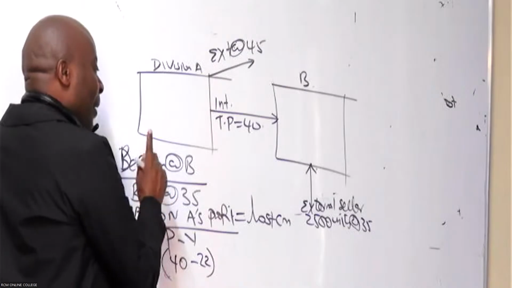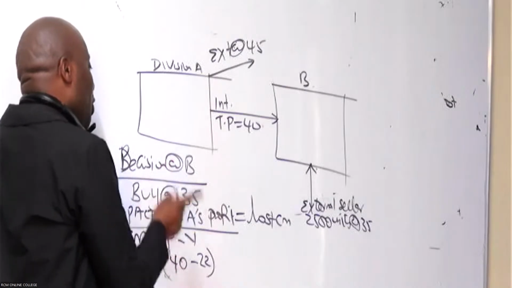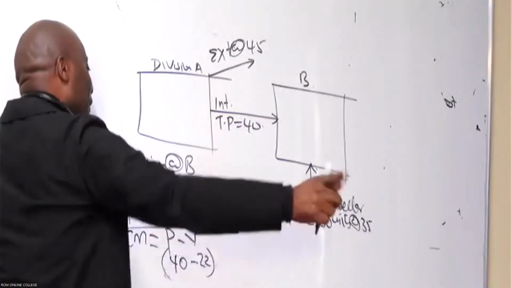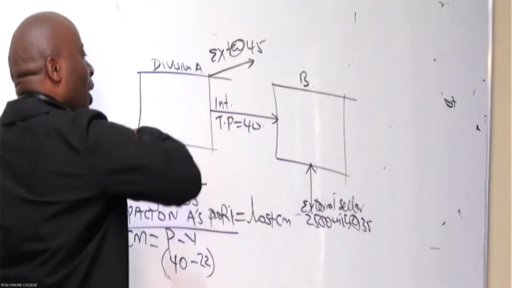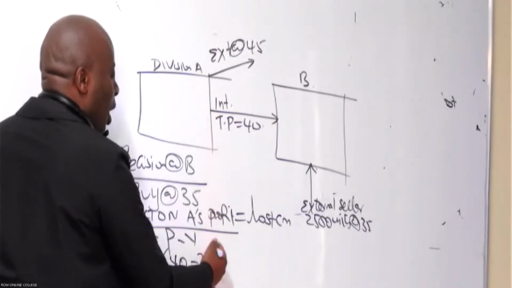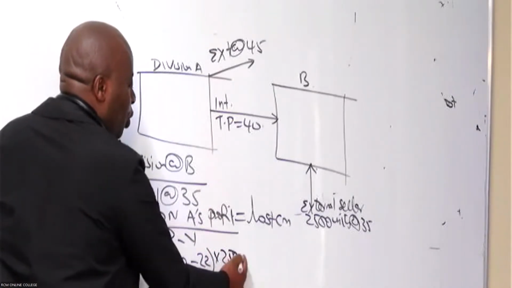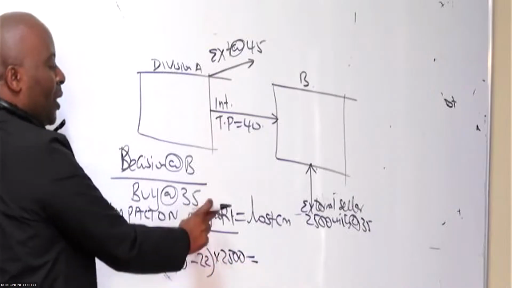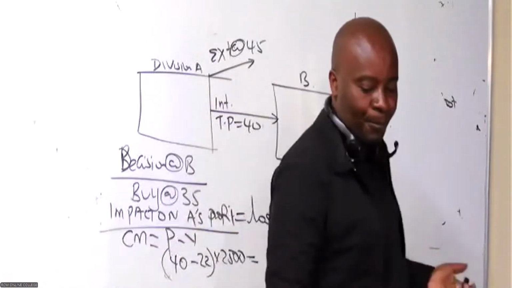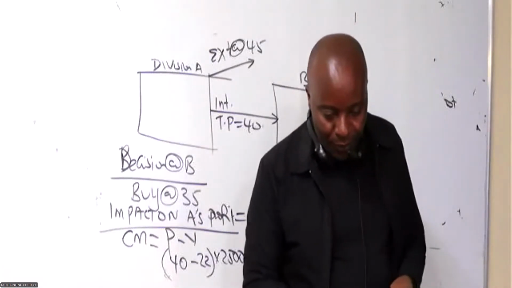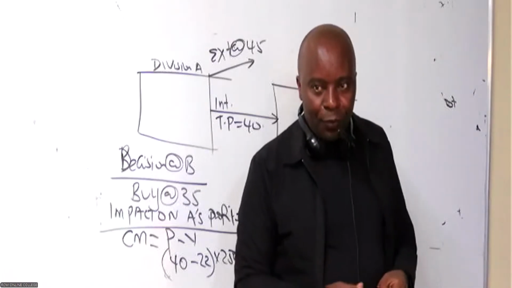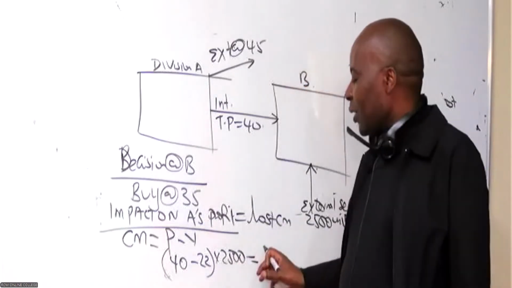So remember, B is going to buy 2,500 units from an external market, so we will lose that opportunity. This is the contribution per unit. I want the total contribution lost from this opportunity of selling 2,500 units.